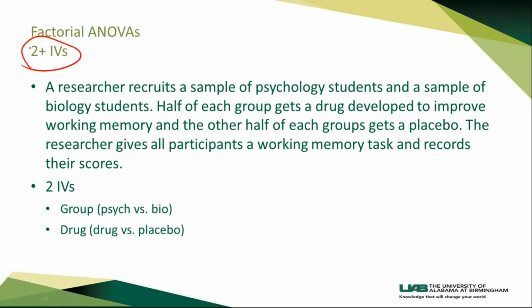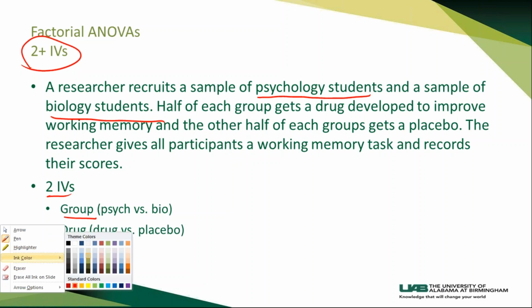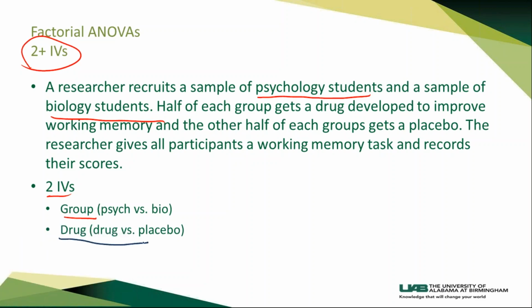So just by looking at this from a word problem perspective, we can see that there are two independent variables. One of these is group. We're looking at the psychology students and the biology students. Then the other one here is looking at the drug versus the placebo. So we have two things to account for, two independent variables.